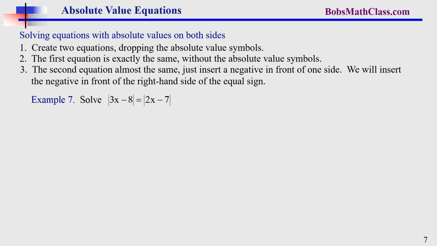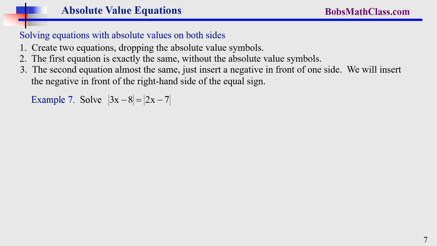We made 2 equations and we got rid of the absolute value symbols. On our first equation, it's going to be exactly the same, just without the absolute value symbols on both sides.